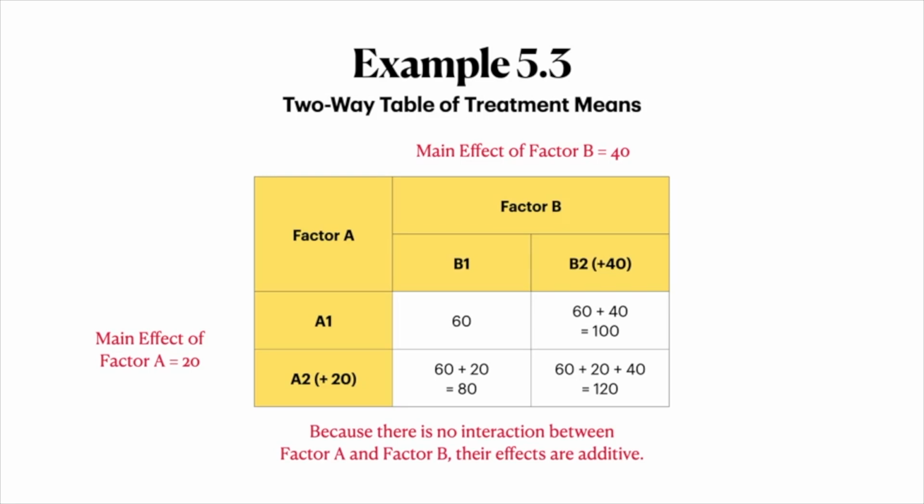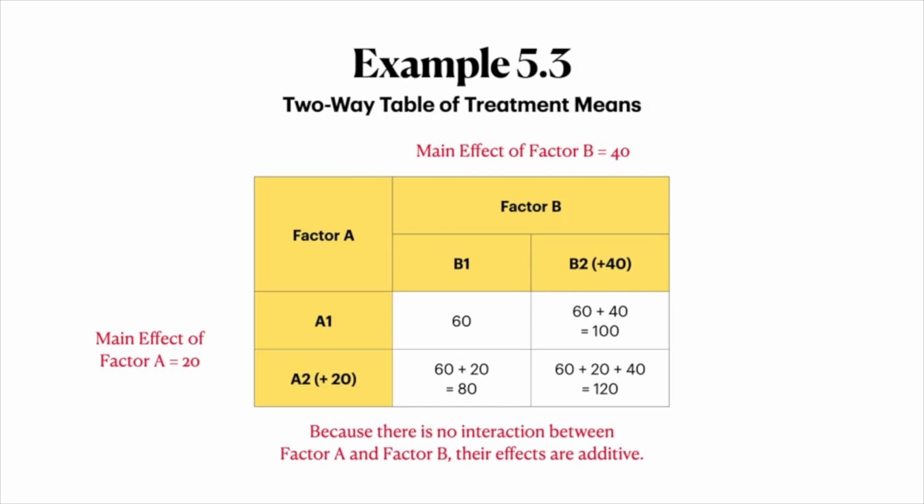So starting off at the cell for treatment combination A1B1, the treatment combination mean is 60. If we go over one column to the cell for the treatment combination A1B2, that ought to be 60 plus 40 because the main effect of factor B is 40. And that is the case. You'll recall that the mean of the treatment combination A1B2 is 100.